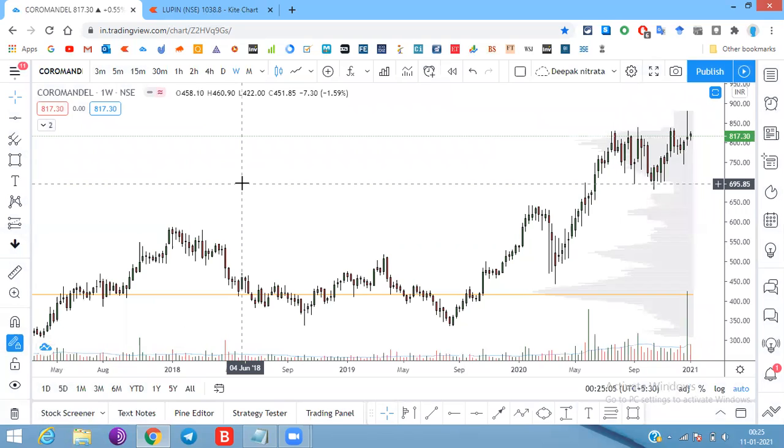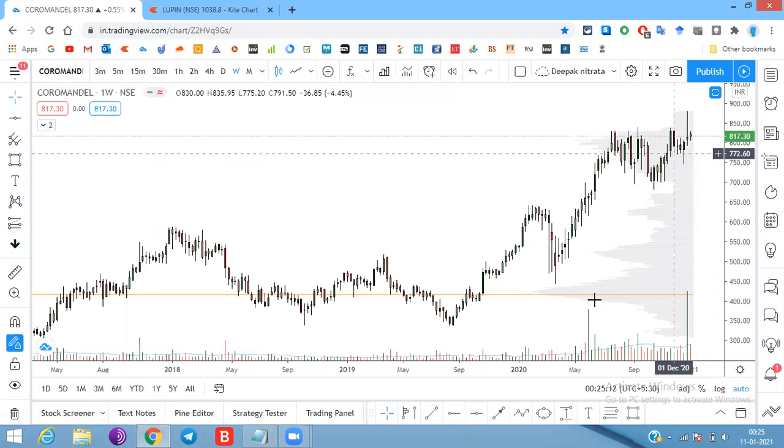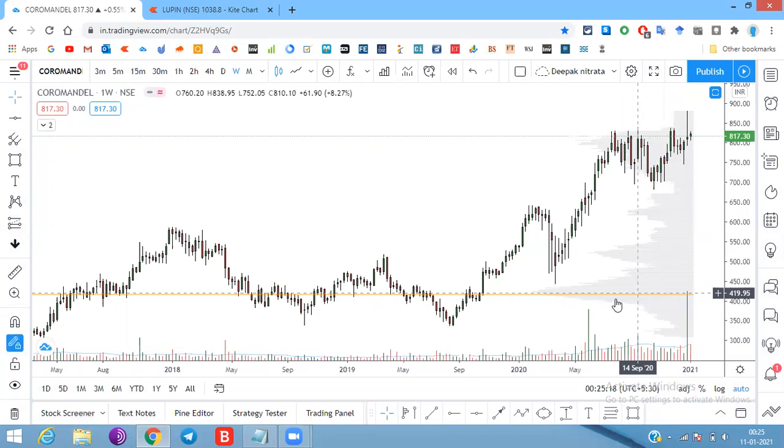Okay. So right now we can see that Coromandel is also in a good high volume node region. And so I was showing you the example. Maybe that setting wasn't working. This orange line is a point of control region. Okay, I guess in other charts that wasn't showing, but in Coromandel International we can see a point of control. So this was the point of control.